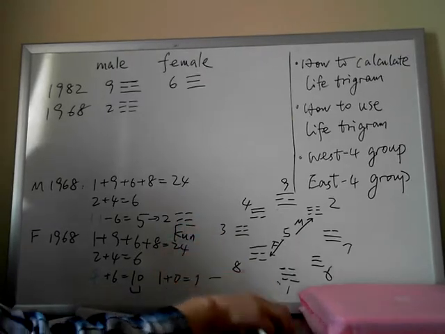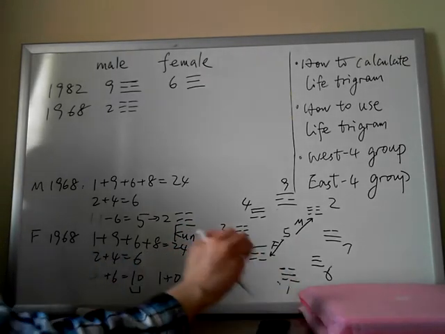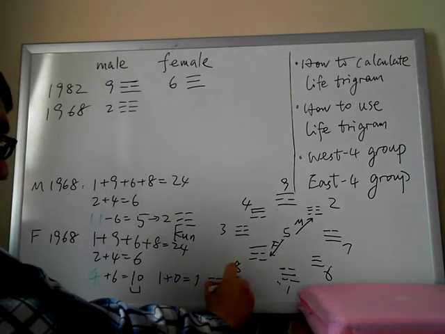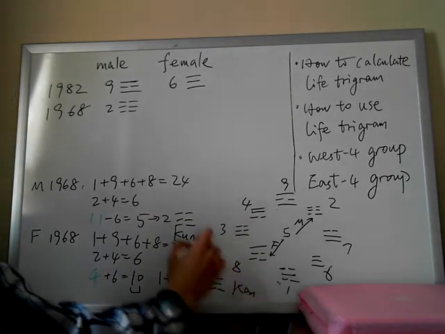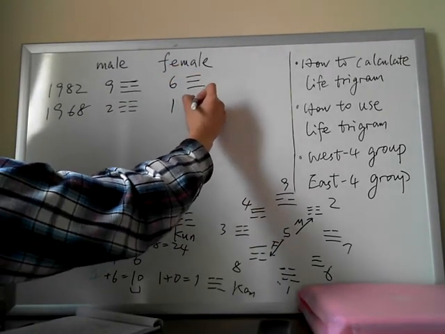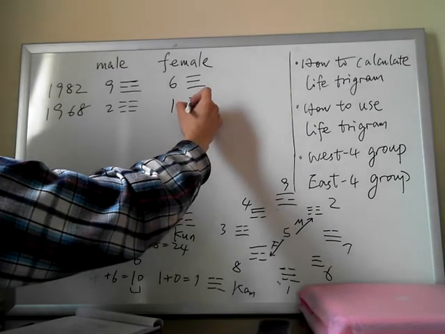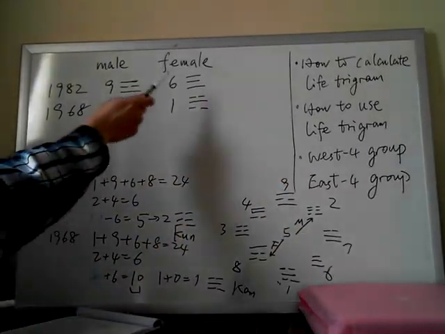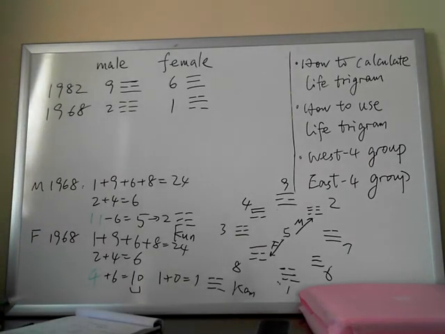Then the life trigram is Kan. 1 goes to Kan. That's the life trigram for a female born in 1968.